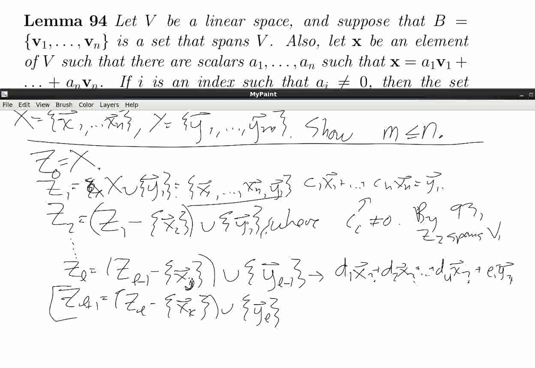I know that the y1 is in there, and then y2, then y3, etc. Plus e2 y2, plus and so on, plus e(L minus 1) y(L minus 1) is equal to yL.